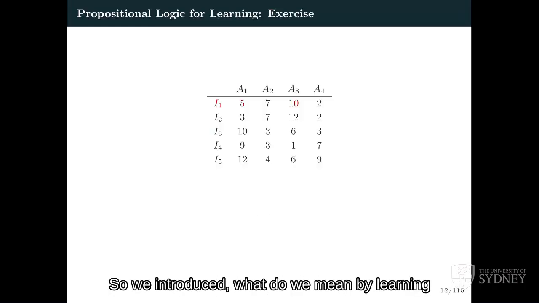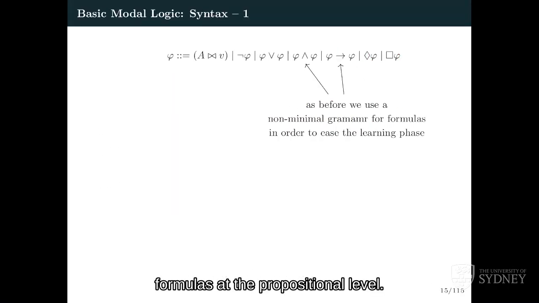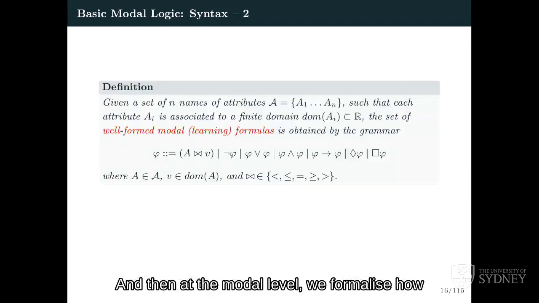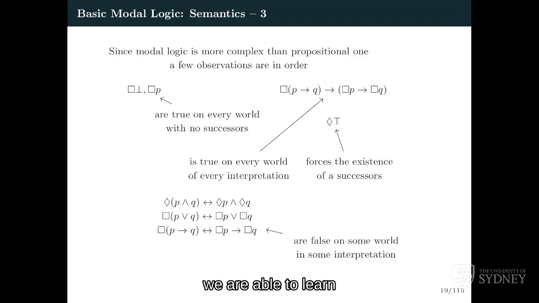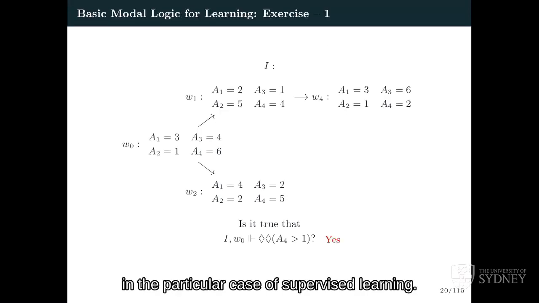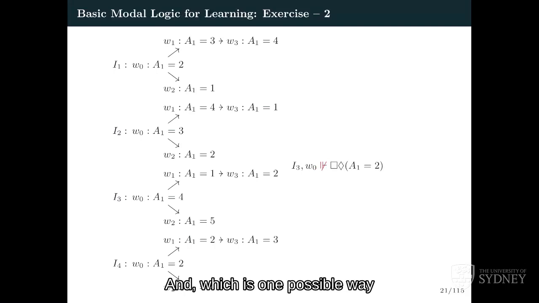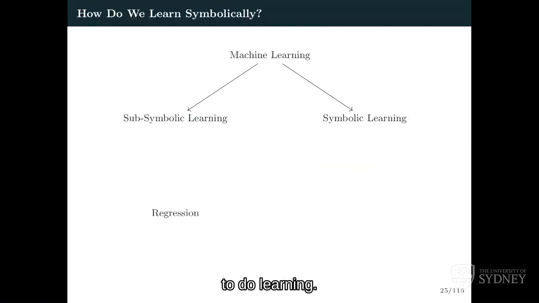So we introduced what we mean by learning logical formulas at the propositional level and then at the modal level. We formalized how we are able to learn in the particular case of supervised learning, which is one possible way to do learning.